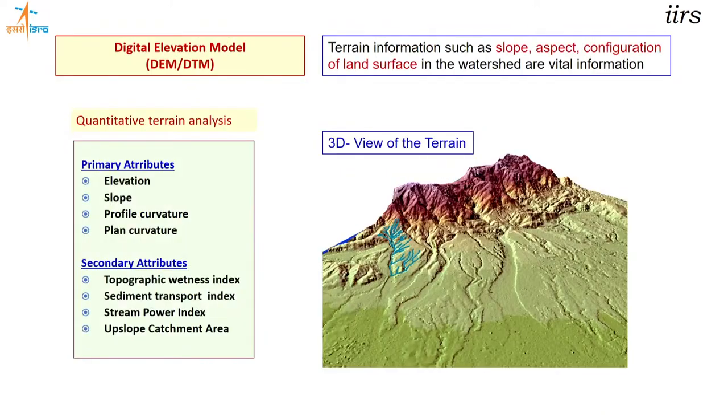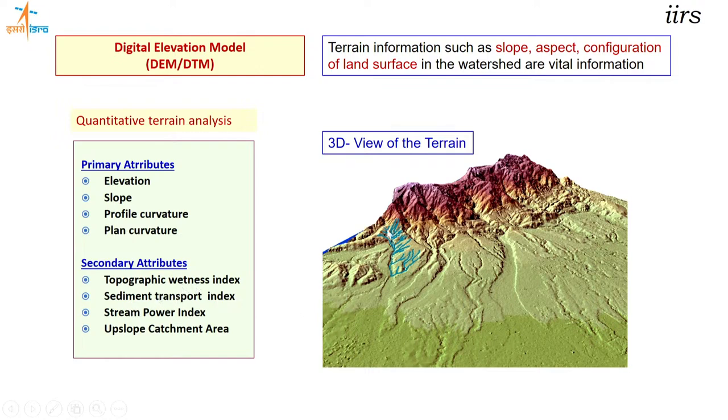Now the third part. You see we have the digital elevation model today, DEM, and it is very important and useful for soil resource assessment. Here you can see we use the DEM for deriving various terrain attributes: elevation, slope, profile curvature, plan curvature, and topographic indices such as topographic wetness index, sediment transport index, stream power index.